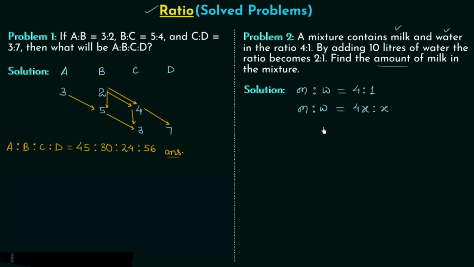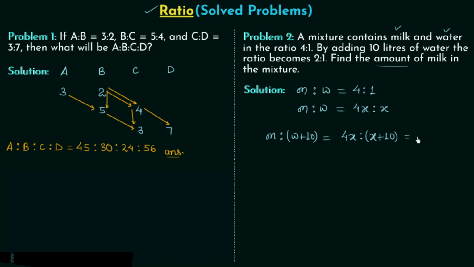Now we will move on and we will add 10 liters of water. So we have milk : water plus 10. This means we have 4x : x plus 10, and as per the problem the new ratio is now 2:1.